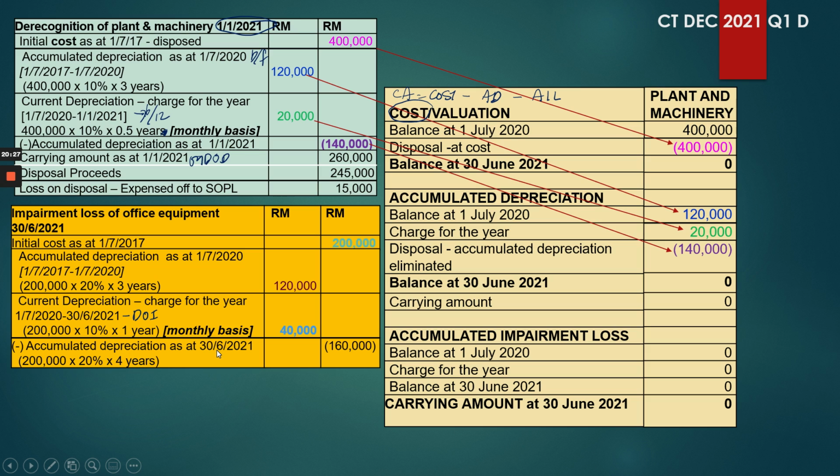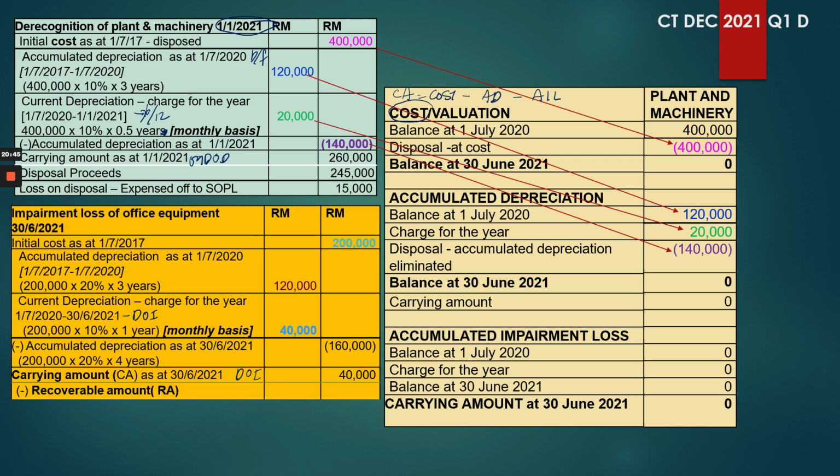And the next one is that you need to find out what is the carrying amount on the date of impairment, DOI. The carrying amount would be the cost minus the accumulated depreciation, and that was 40,000. Then you will have the recoverable amount to be compared with the carrying amount.